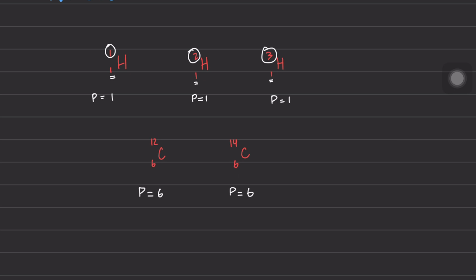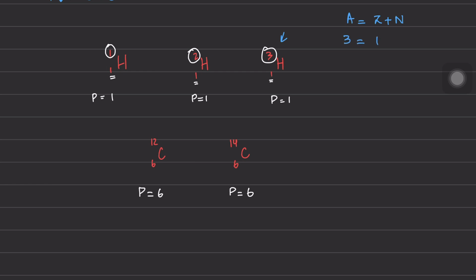Now what does that mean? What exactly is the nucleon number? The nucleon number basically consists of the proton number, the protons, plus the neutrons. So over here, what is the nucleon number? If we talk about this one, it's 3.